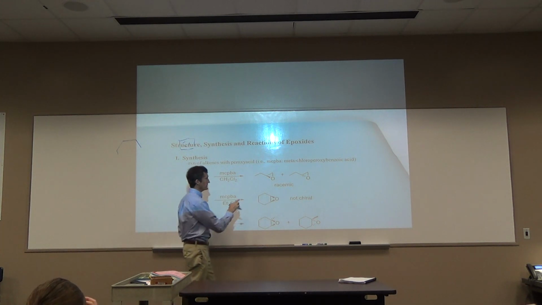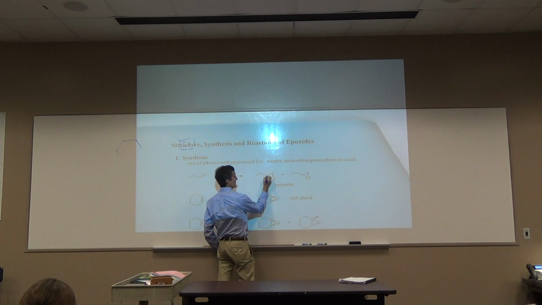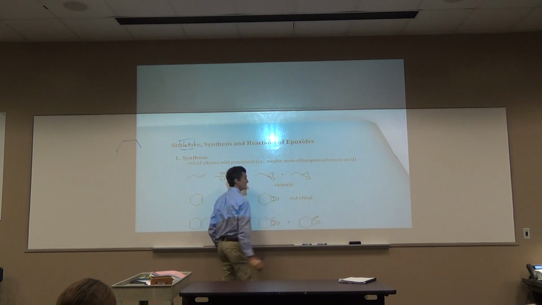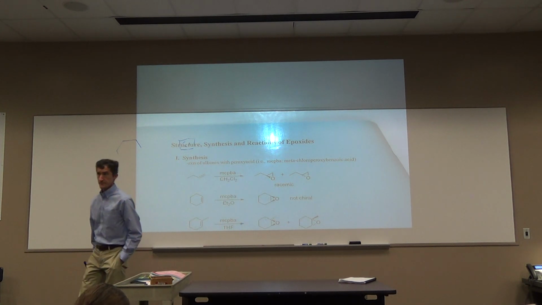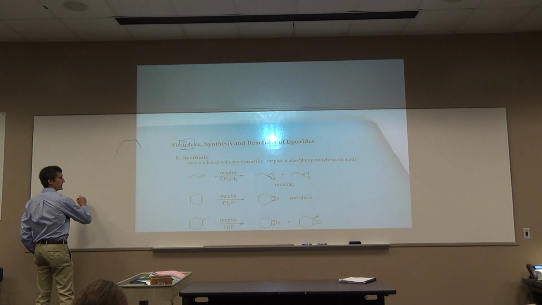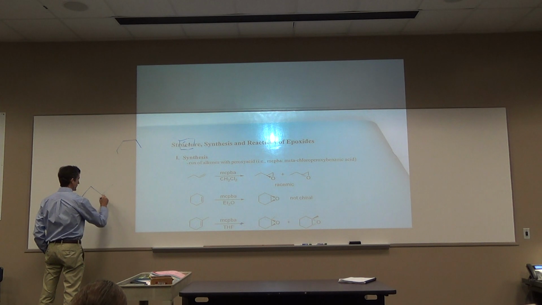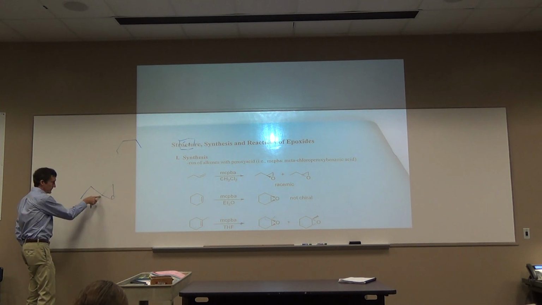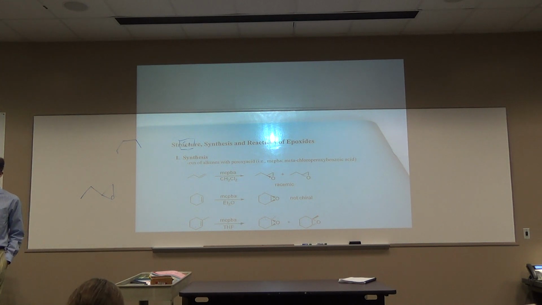I'm showing stereochemistry here because this carbon here is chiral. It's a small little three-membered ring, but that carbon is chiral, and we can get racemic outcome there. If you wanted to draw it generically, you would just draw it like this, right? But that carbon is chiral over here.